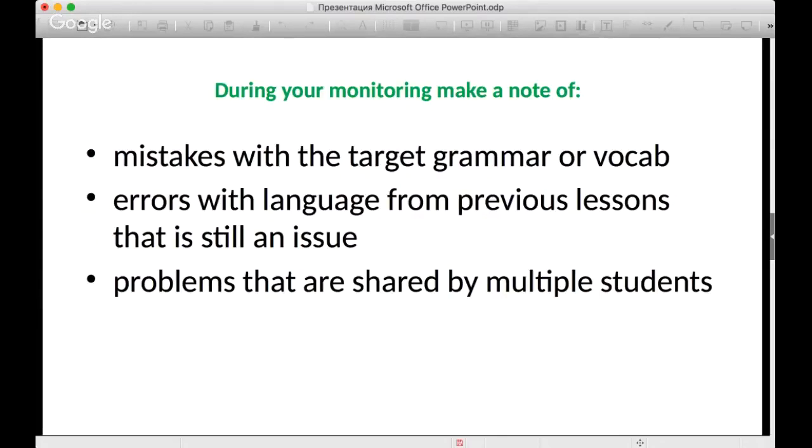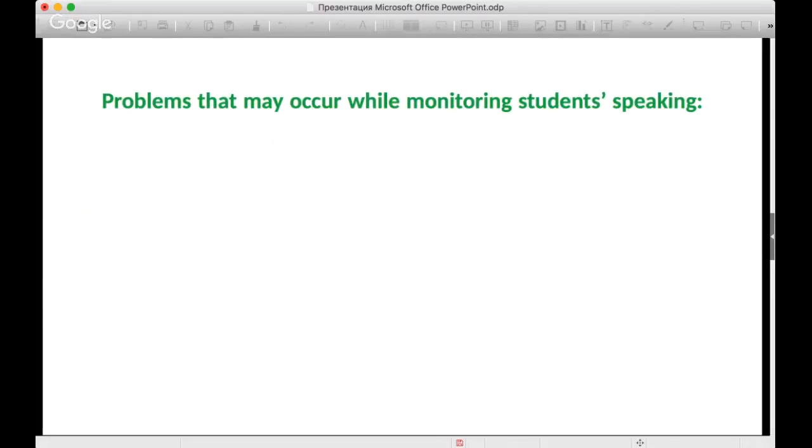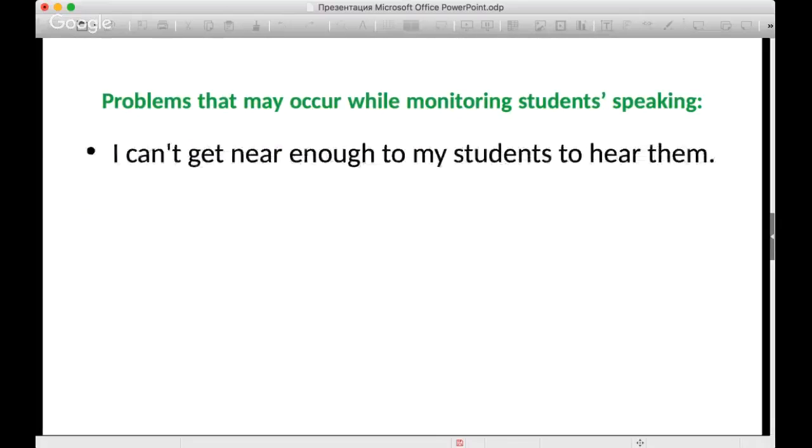Okay, when you are making notes, you can face some problems, because you're working with people, and it's not always easy to make notes of the mistakes that your students make. The first problem is that teachers can't get near enough to hear their students and note their mistakes.